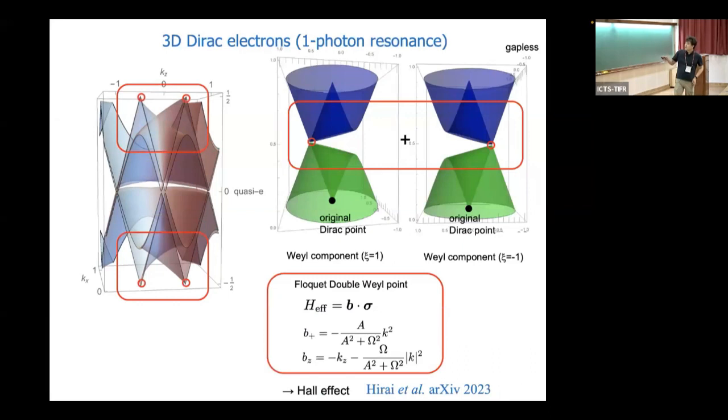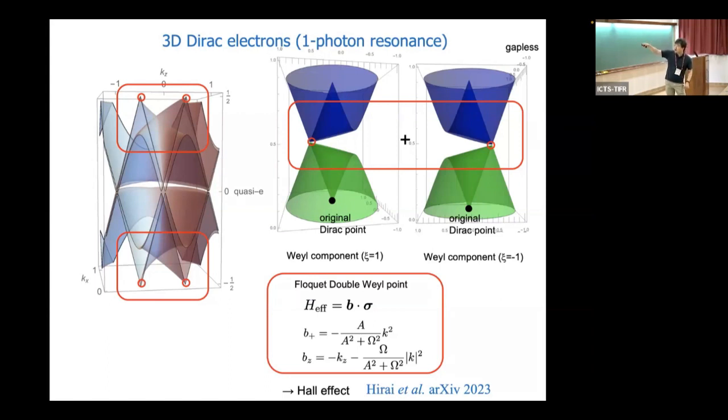Then, if we look up here in energy, we see another strange structure. The Dirac system is given by left and right Weyl components. If I look at one Weyl component, it's much easier. This is the original Dirac point down here, and this is the upper band. There was a lower or occupied band, but that occupied band will move up here as a one-photon absorbed state.